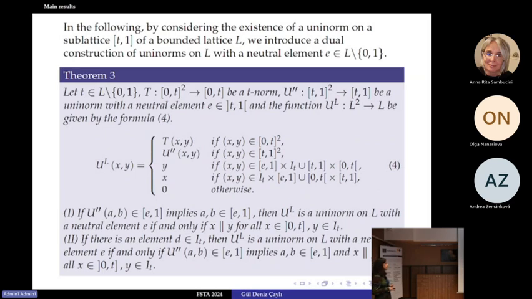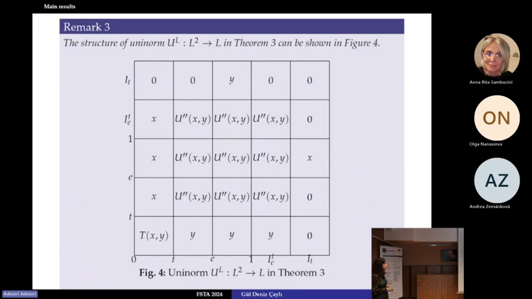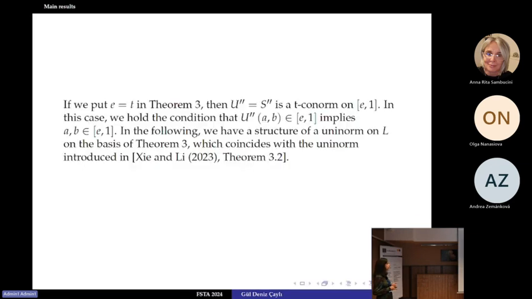If an element incomparable with T exists, then UL is a uninorm if and only if these statements are provided. We can demonstrate the structure of the uninorm in the above theorem by this figure.